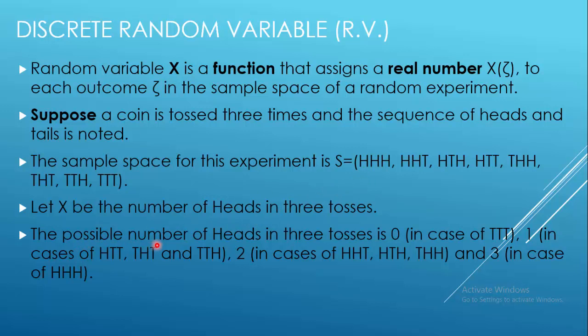So the possible number of heads in 3 tosses is 0 when you have got all the tails. Now every time you toss the coin or flip the coin, you got head. In that case the possible number of heads is 3. So in that case the value of this random variable X will be 3 or 0.